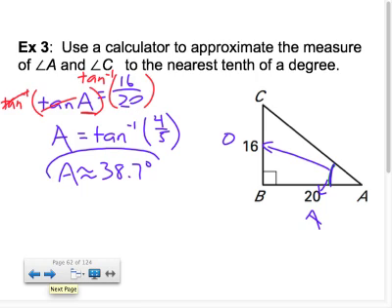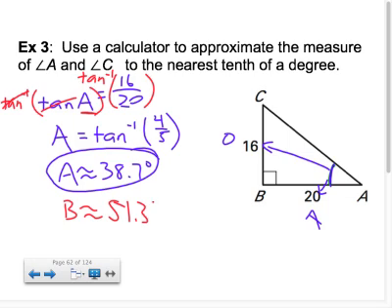Once we know angle A is roughly 38.7, then angle C is pretty easy to find because the angles in a right triangle, or any triangle for that matter, must add up to 180. So I do 90 plus 38.7 and subtract that number from 180, and I get the measure of angle C to be roughly 51.3 degrees. I'm sorry, not angle B, it should be angle C. My apologies. Angle B is the right angle, obviously.